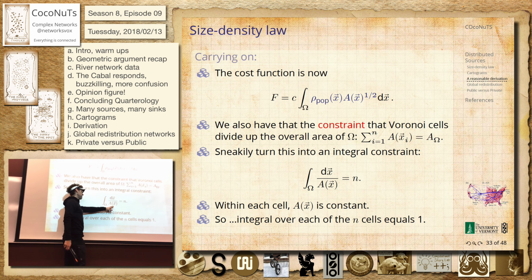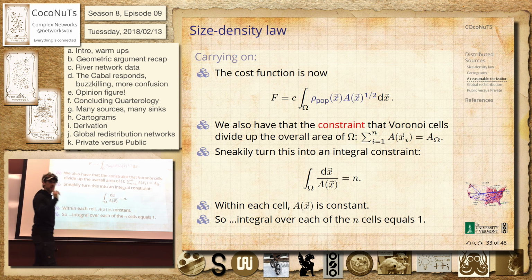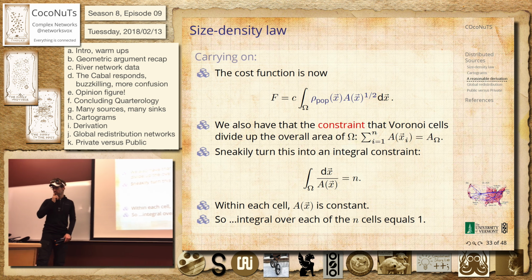And then we realize that we can do this as well, right? So if you integrate over the whole area and you take 1 over the area, if you break this down into integrals over each little facility's region, then this is a constant in that region, and you integrate over it, so you get area over area. There would be a 1, and so you go through every region, and there are n of them. So this is a way of getting the constraint that there are n facilities.